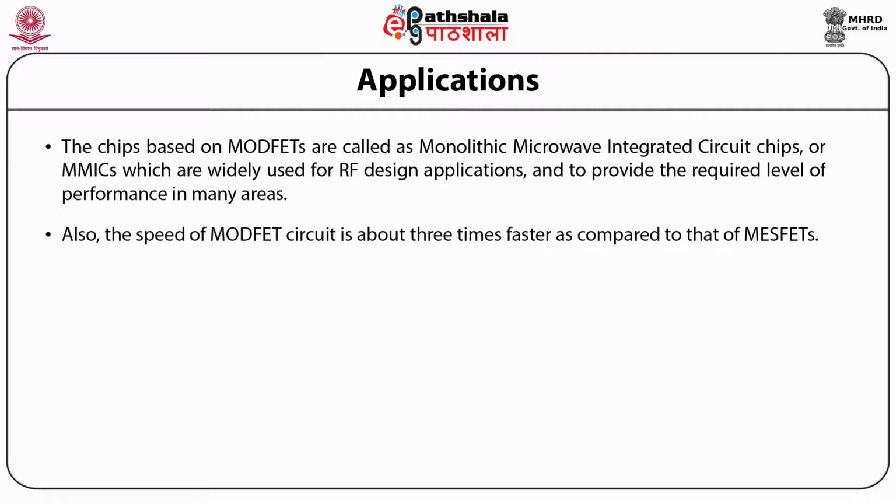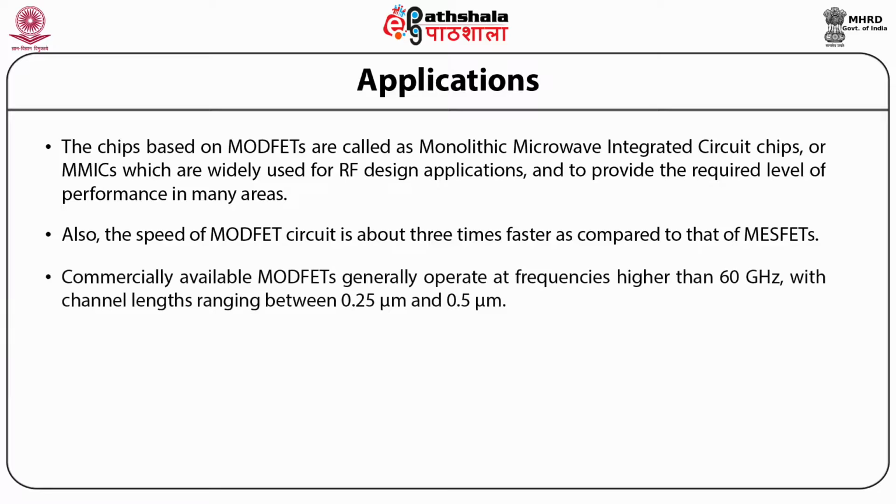Also, the speed of MODFET circuits is about 3 times faster as compared to MESFET. Commercially available MODFETs generally operate at frequencies higher than 60 GHz with channel lengths ranging between 0.25 micron and 0.5 microns.